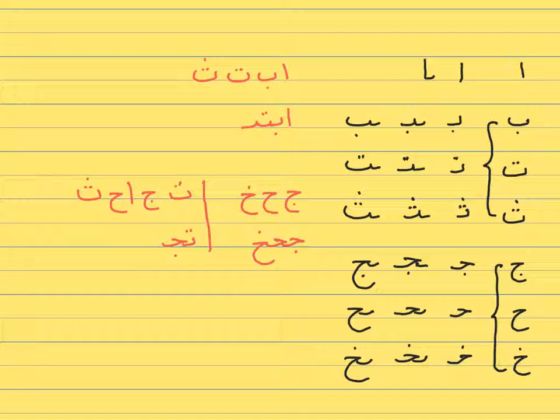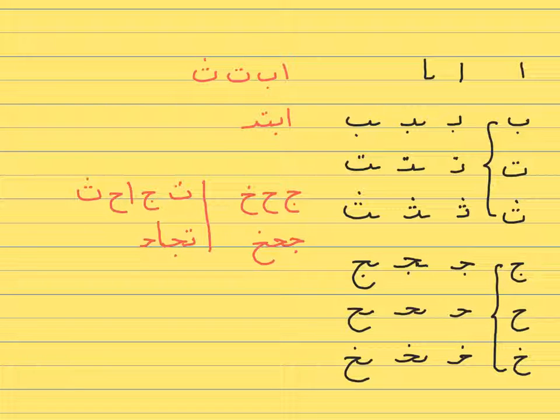Now you want to join jim and alif. Jim can be connected to alif, so you draw the alif. Now you want to join alif and ha. Can you connect alif to the next letter? The rule says no, you cannot connect alif to the next letter. So what do you do? You leave a blank and then you write the next letter, which is ha.